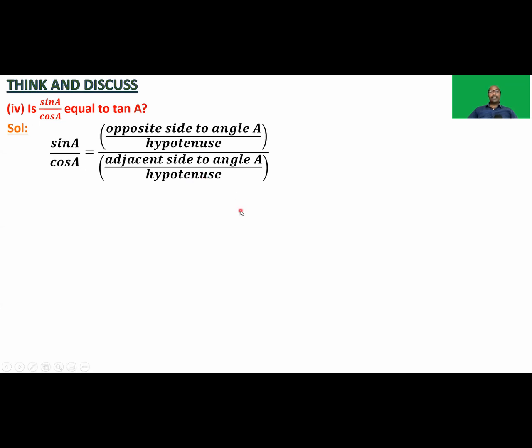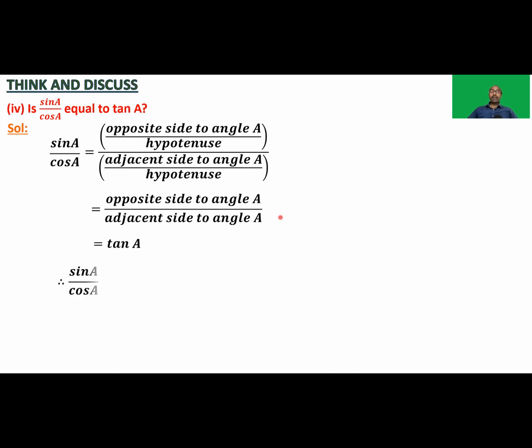Now, cancelling hypotenuse, we can write it as opposite side to angle A by adjacent side to angle A, which is equal to tan A. So sin A by cos A is always equal to tan A. Students, remember this equality. We use this equality as a formula in many problems. So don't forget it.